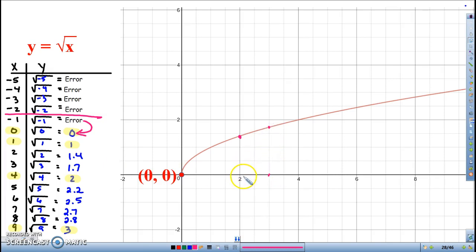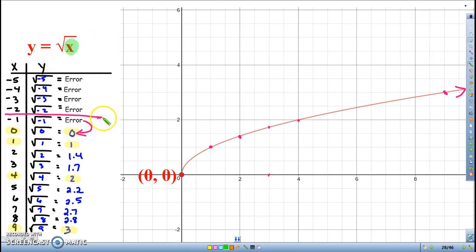You can graph those, but it's not needed. You could graph 0, 0, 1, 1, 4, 2, and 9, 3, and then connect with a line and an arrow at the end.